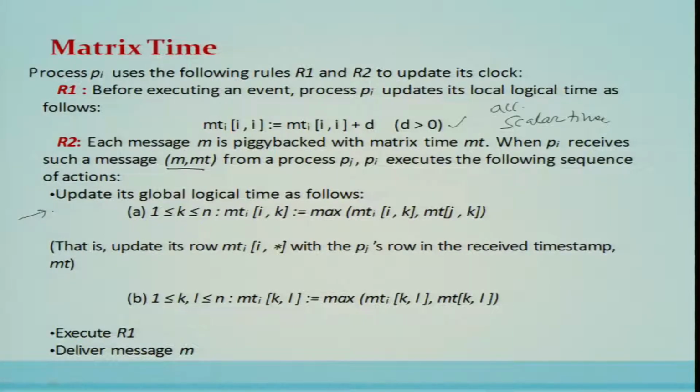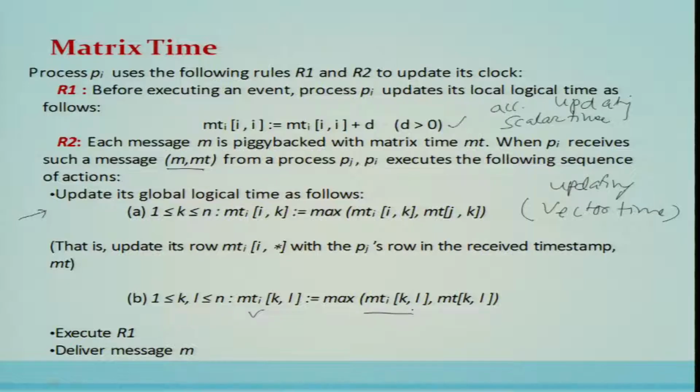That means for process Pi, its ith row, that is the ith vector, will be updated as per the information in the matrix received from process Pj. So it will be like updating the vector clock. Now the remaining portion of the matrix of Pi will be updated like this.